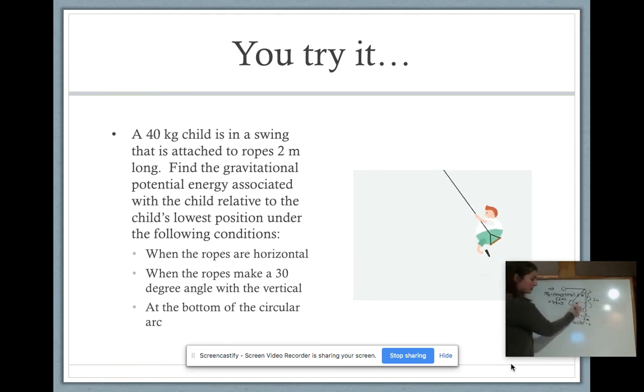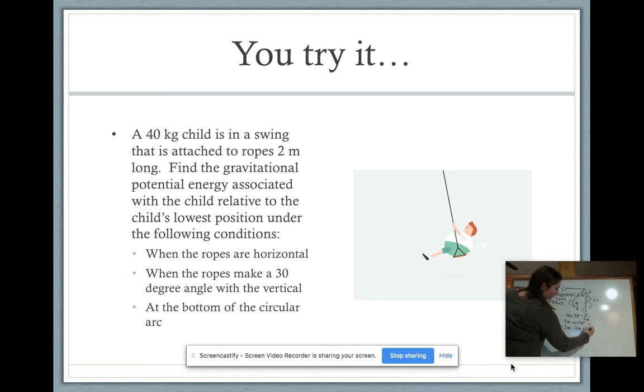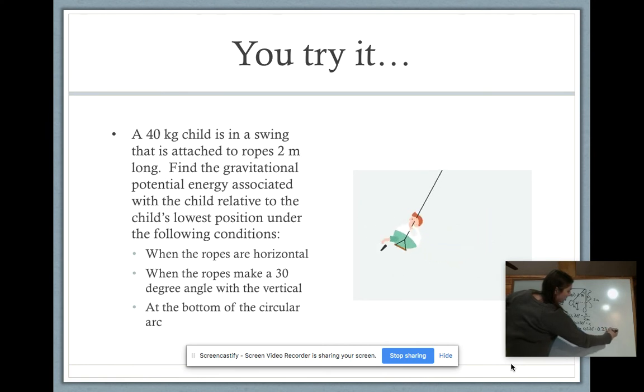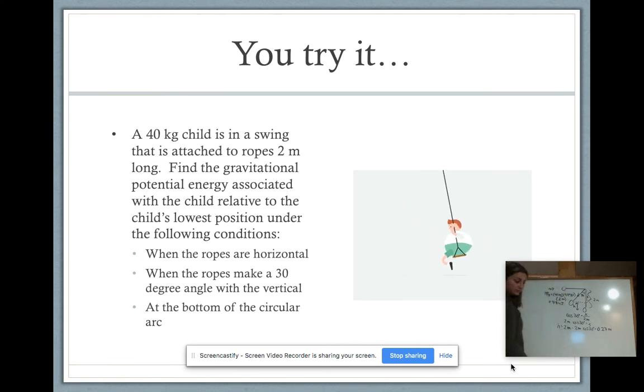So 2 meters times cosine of 30 degrees will give us this little piece of the triangle here. But I'm interested in the height above the ground. So in order to find that, I want to take the entire length, 2 meters, minus this little portion that I found, X. So the height above the ground is going to be 2 meters minus 2 cosine of 30 degrees. And I find the height to be 0.27 meters above the ground. So now to find the potential energy, PEG, I just do mass times gravity times height again.